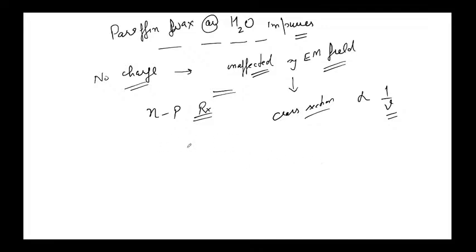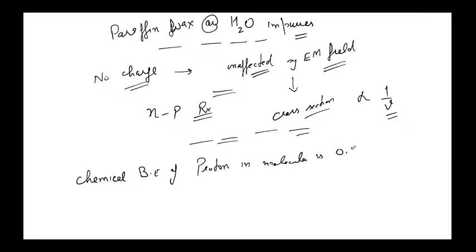Second, they considered paraffin wax because the chemical binding energy of a proton in these molecules is about 0.1 electron volt. So what does it mean? We can easily scatter the protons from this bound system.